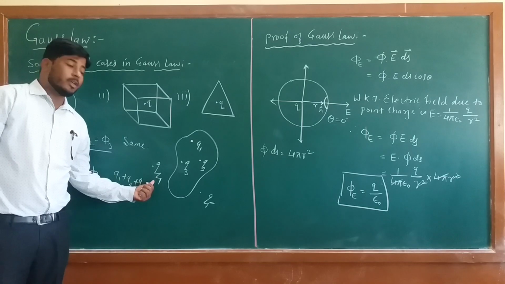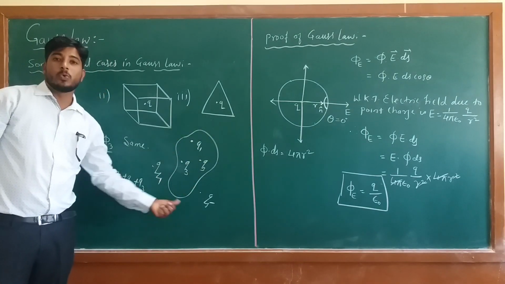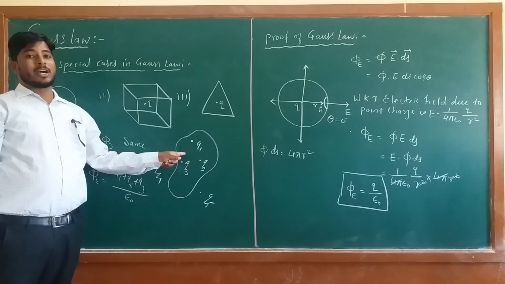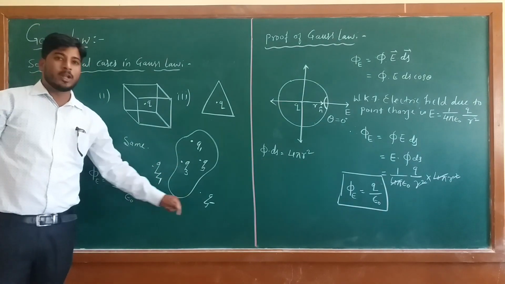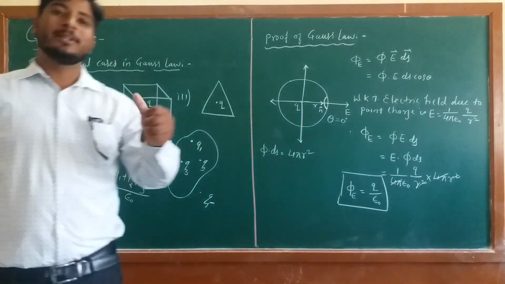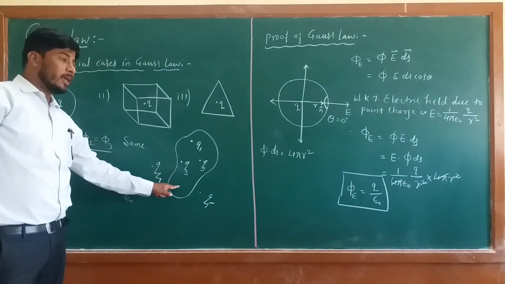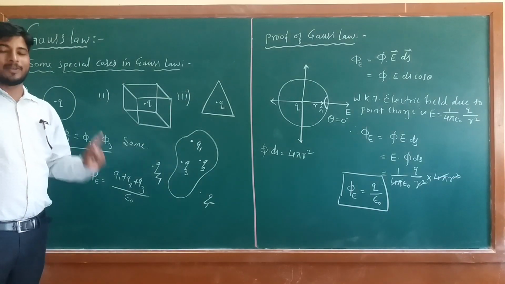The charges Q4 and Q5 are outside the closed surface, hence they are not enclosed inside the surface. So only the charge enclosed by the surface divided by epsilon naught gives the total electric flux.